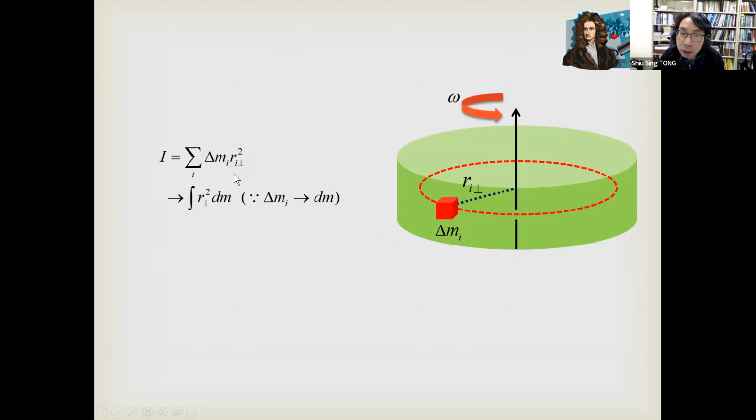Now, if you consider the limit where I divide it into infinitely many small pieces, then the mass of each piece will go to 0. The delta Mi will tend to dm. Is that right? And so that means this summation will go to the integral of Ri perpendicular squared dm.